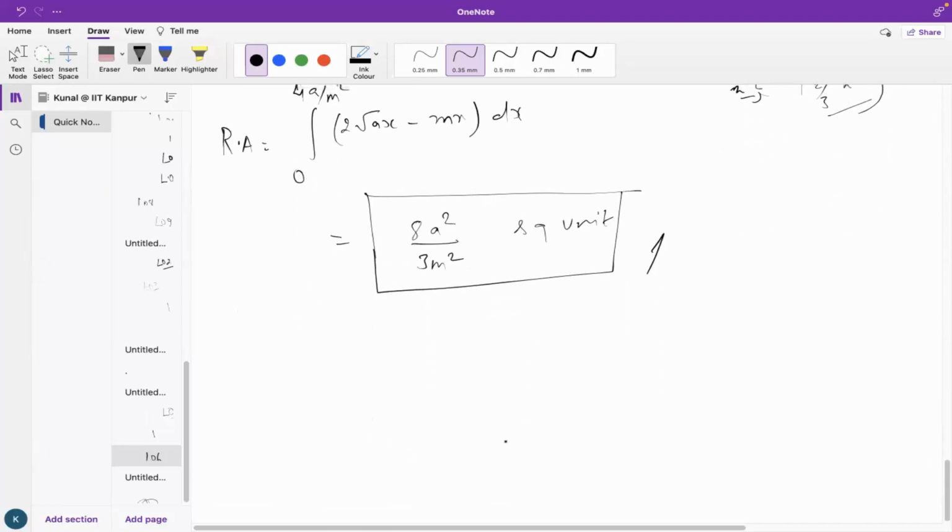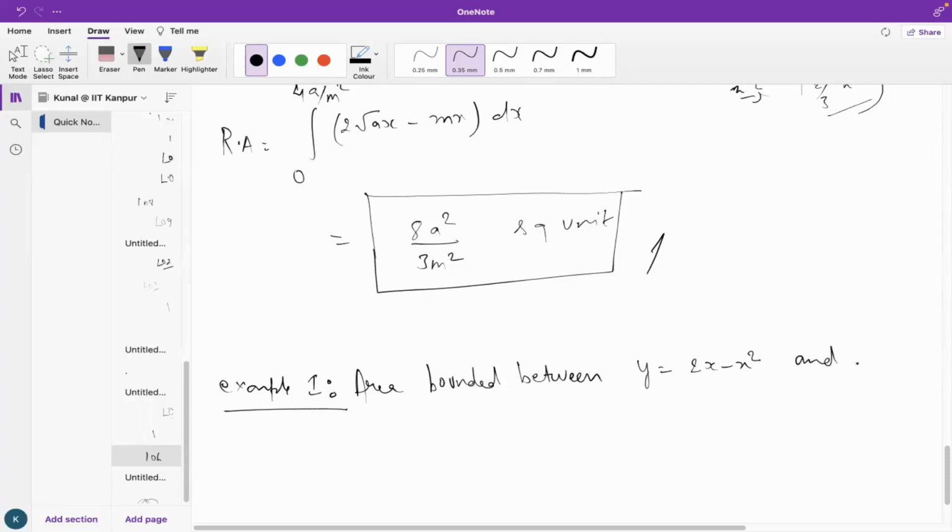Okay, so let me take an example. The example looks like this: you have to find the area bounded between y is equal to 2x minus x square and y plus 3 is equal to 0.